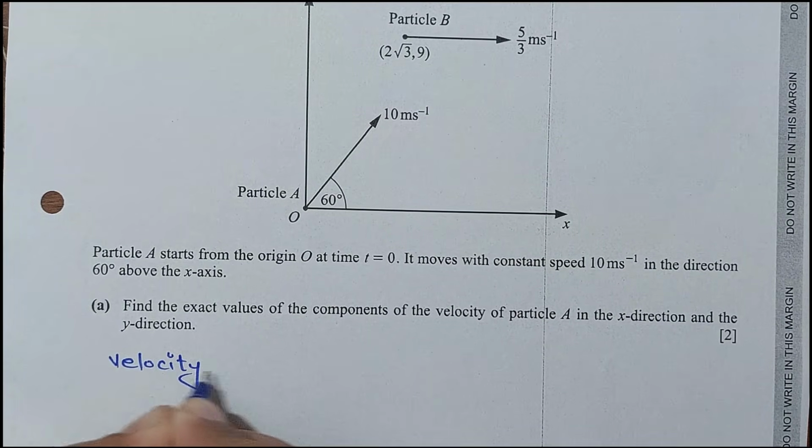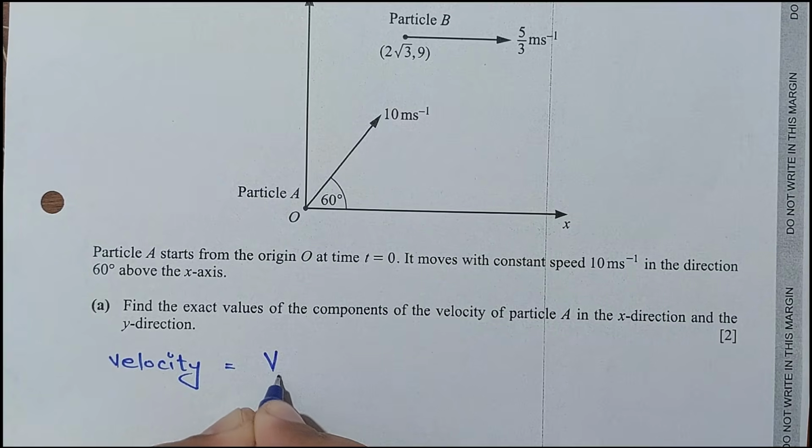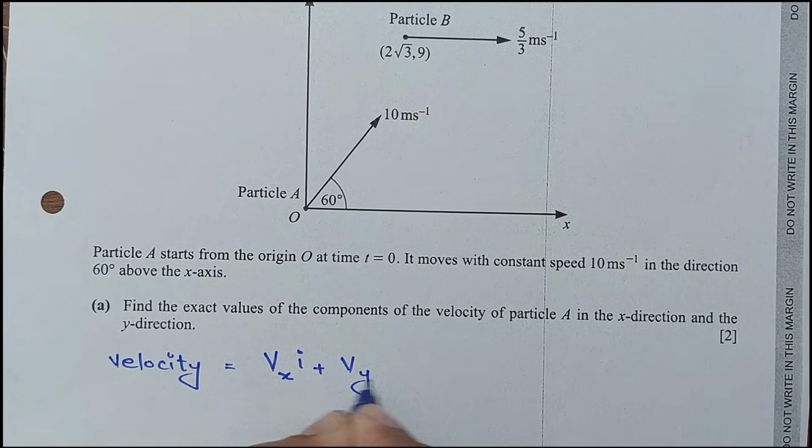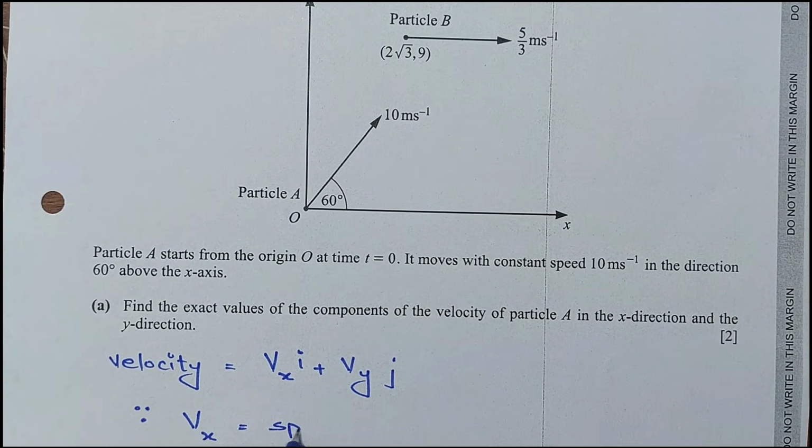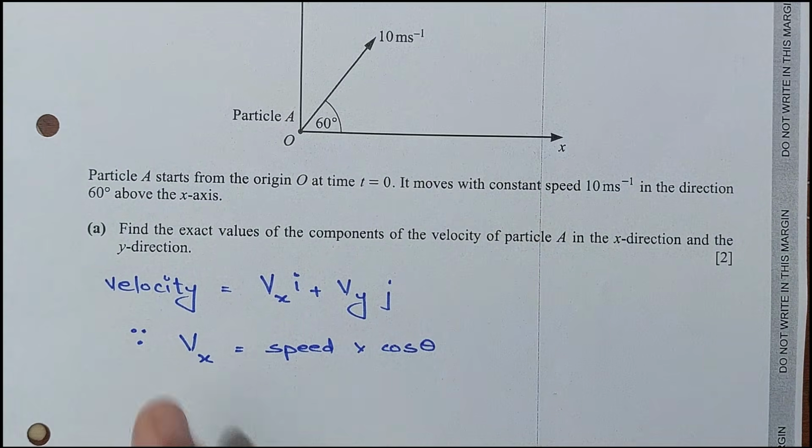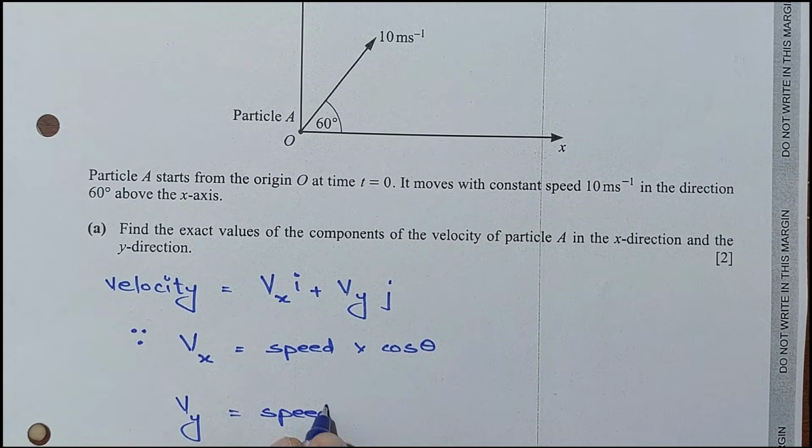So the velocity vector is the x component of velocity times the i unit vector plus the y component of velocity times the j unit vector. The x component of the velocity is speed multiplied by cos of angle theta, and the y component of velocity is speed multiplied by sine of angle theta.